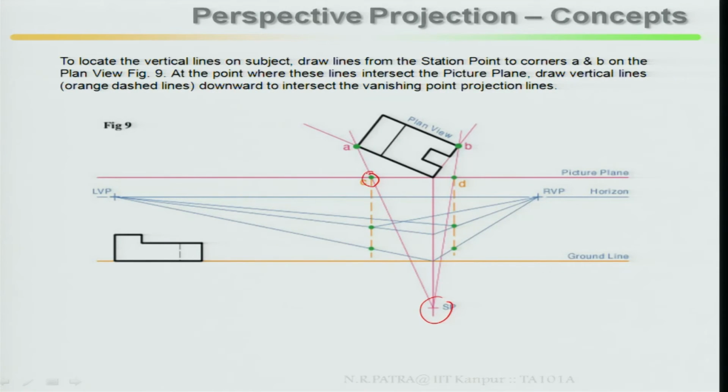Draw vertical lines, orange dashed, downward to intersect the vanishing point projection lines. From here if I draw downward, what happened? From these 2 points I draw with your right vanishing point, I draw with your left vanishing point. Because I am looking from the station point to the left vanishing point or left edge, the point where it is intersecting your picture plane, if I project it back with these 2 points, it intersects with your left vanishing point lines that you marked.